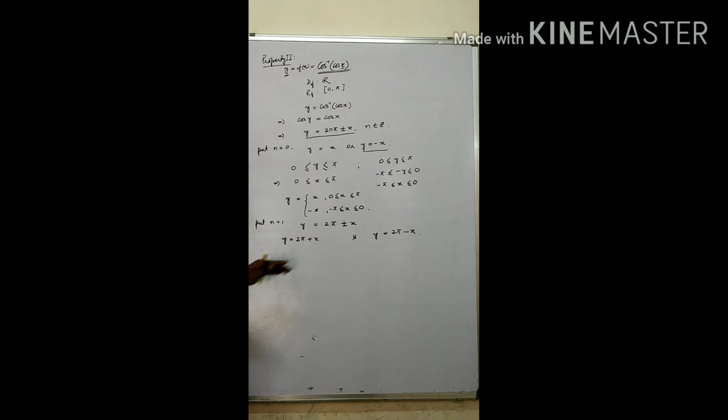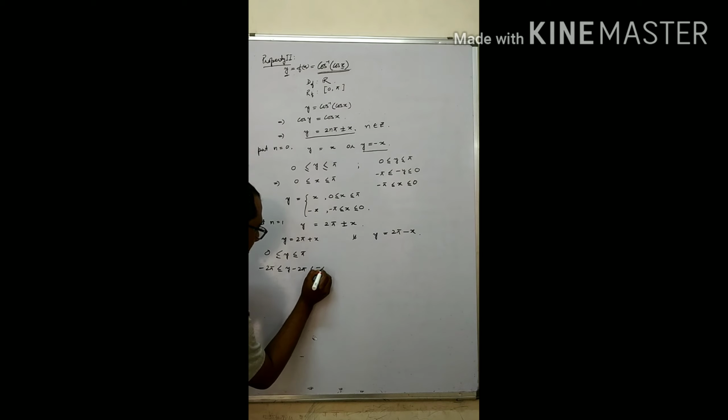So we'll find out the interval where x lies now, because we know at which interval y lies. y is lying between 0 to pi. X and y are connected like this, so I need to subtract 2 pi: minus 2 pi, minus pi, and this one is nothing but x.